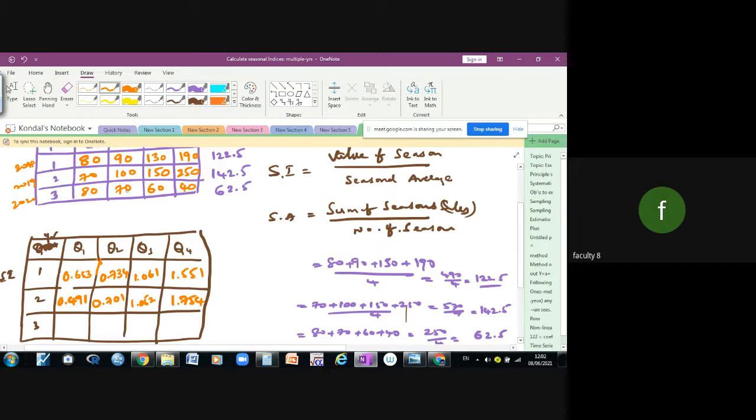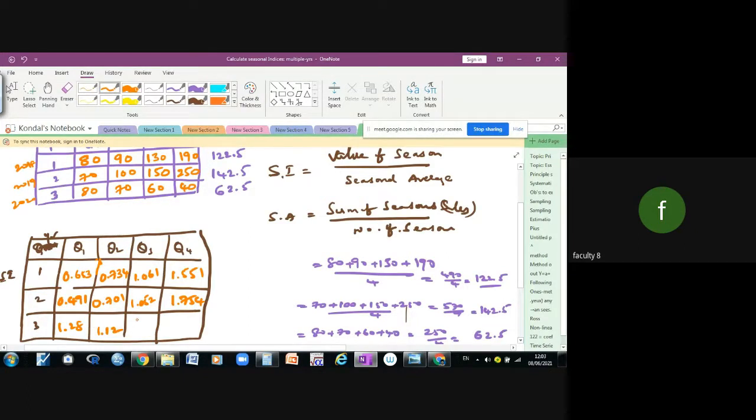Same for the third year, 2020: 80, 70, 60, 40. 80 divided by 62.5, so we got 1.28. Then 70 divided by 62.5, 1.12.